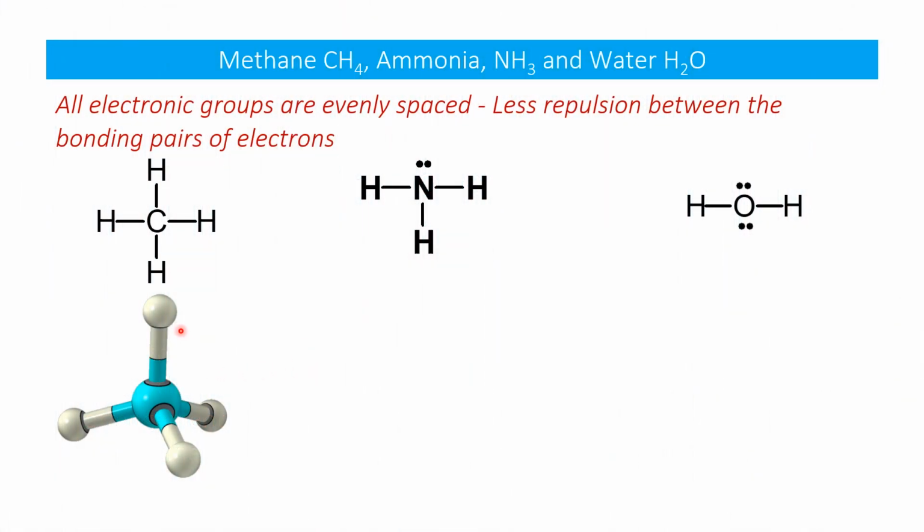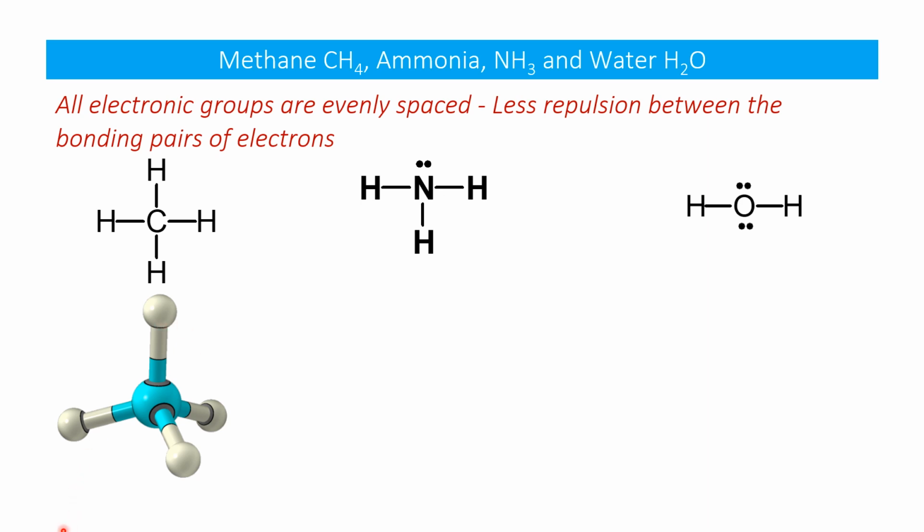So, for example, if we look at methane, methane has 4 shared pairs of electrons around it. So these pairs of electrons repelling each other literally forms a shape that is a tetrahedral. So each one of these hydrogens are pointing towards the corner of a tetrahedron.